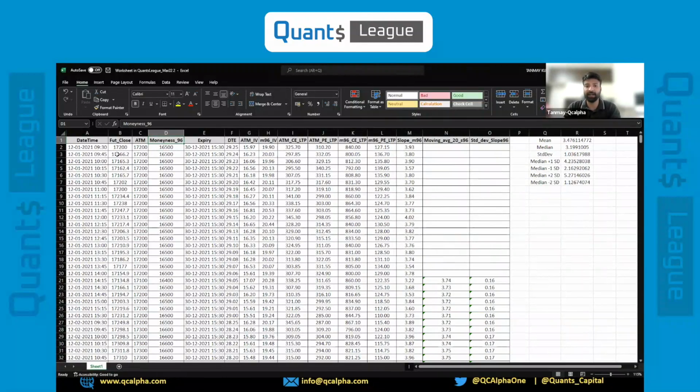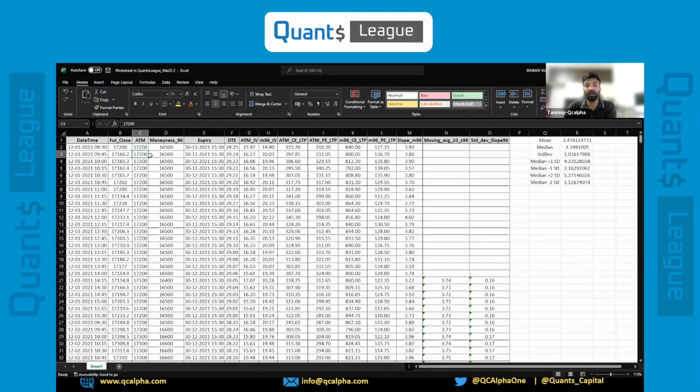This is intraday data of 15 minutes, so every 15 minutes the data is populated. What is populated is the future close for that 15 minutes. That close is rounded to its nearest 100. So if the close is 17166, the ATM considered would be 17200.